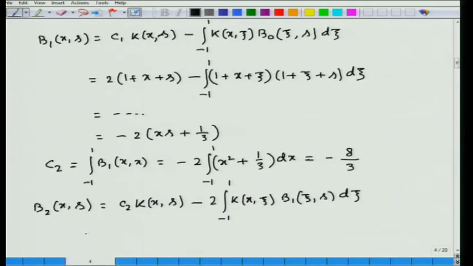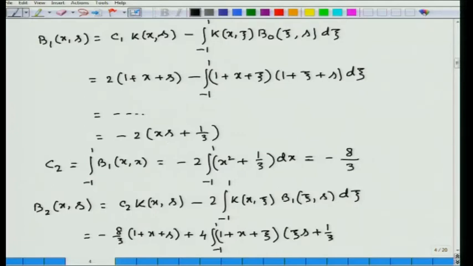So, therefore, substituting these expressions, we can find this will be -8/3 multiplied with (1 + x + s), and when we substitute for B1(ξ, s), this minus 2 will be clubbed with the other minus 2. So, we will have plus 4 times the integral from -1 to +1 of (1 + x + ξ), and from here we will have (ξs + 1/3) dξ, and if you evaluate this integral, then you can find this integral is exactly equal to 0.